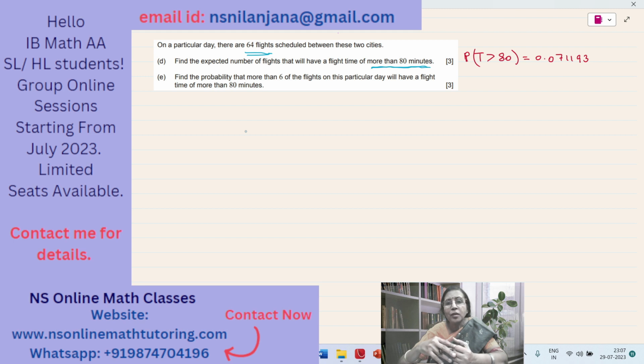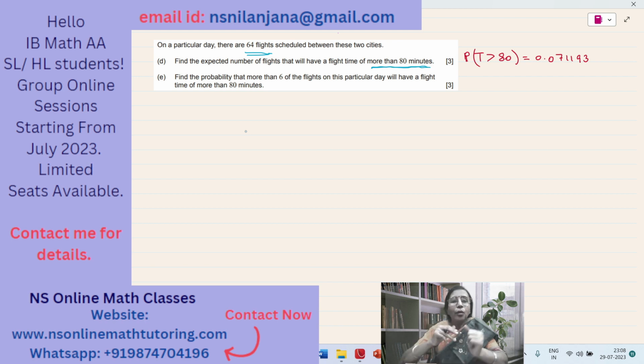Since time is continuous, I'm not saying exactly equal to 80 minutes. The probability of flight time greater than 80 minutes is also fixed. Therefore, it is a case of a discrete binomial distribution.